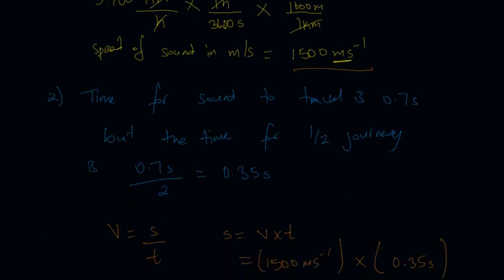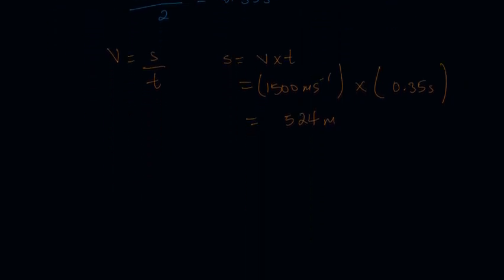So, for part 3, we can consider our equation for the speed of a wave. And that equation again is V is equal to F times lambda, where V is the speed of the wave, F is our frequency, and lambda is the wavelength.